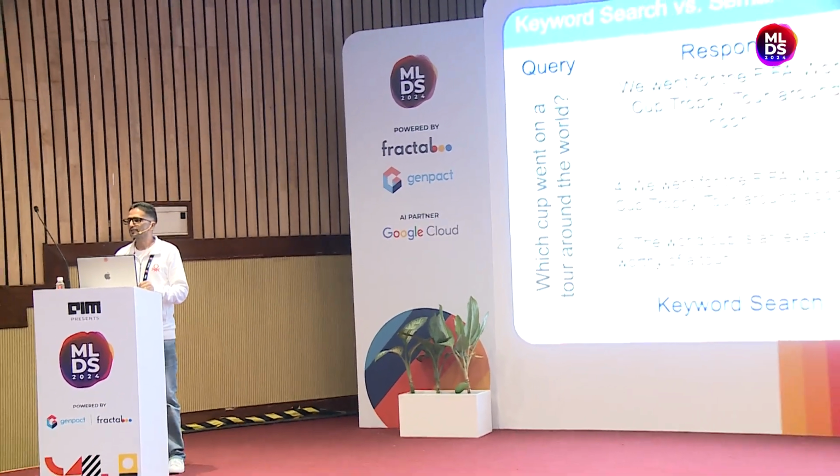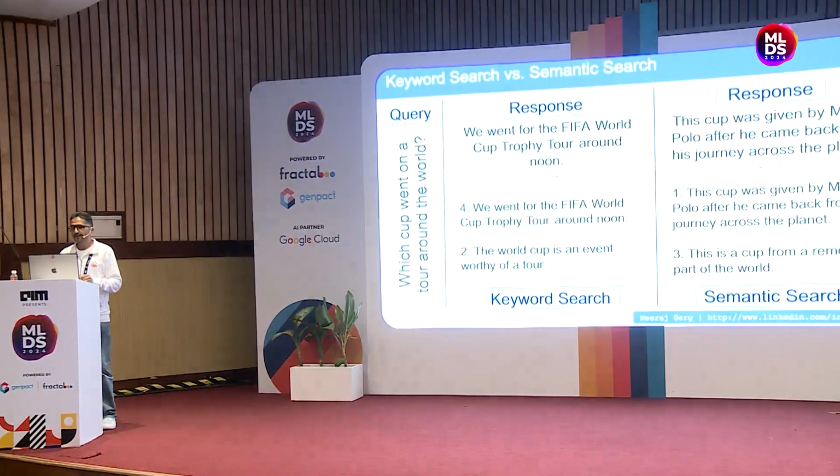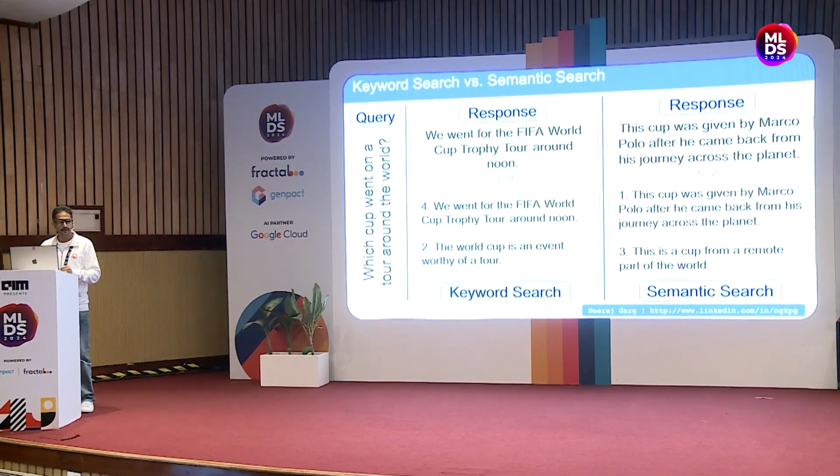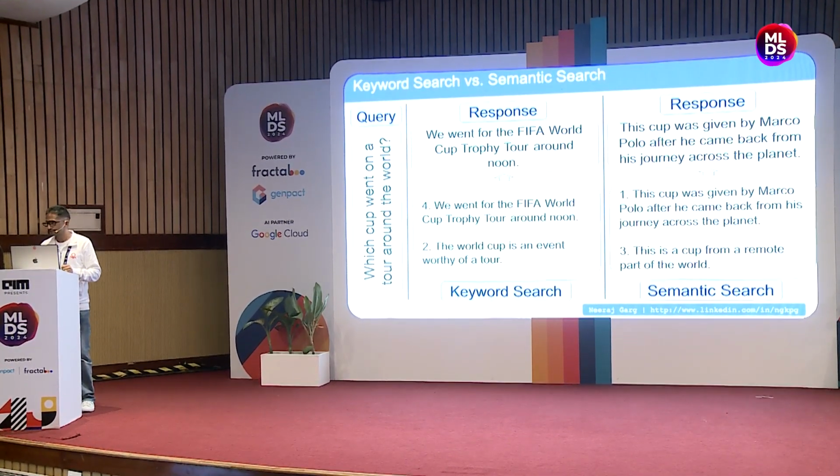Now, you may ask, which one is the correct response? Well, that depends on what you meant with the query, whether you meant cup as a utensil or whether you meant cup as a World Cup trophy, right? So there is no right and wrong here. Basically, both are techniques used in hybrid search systems.